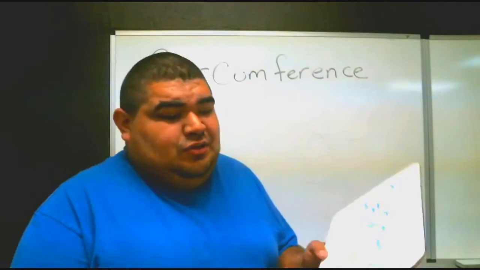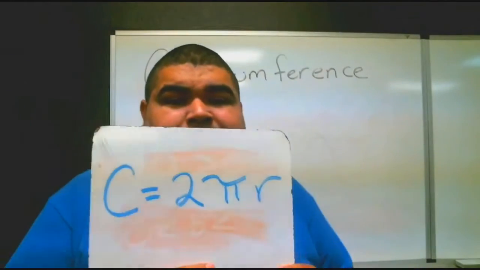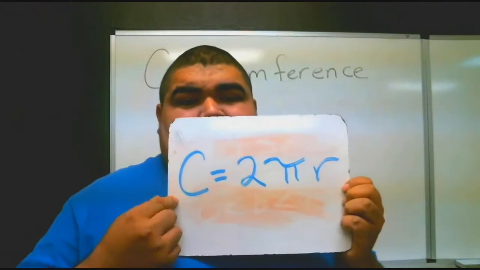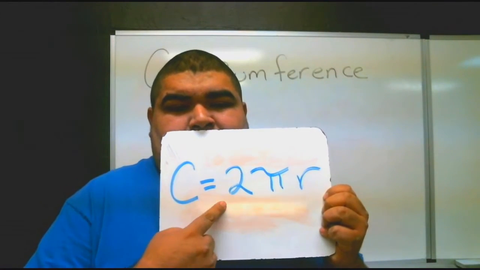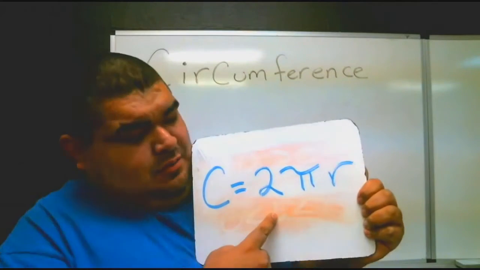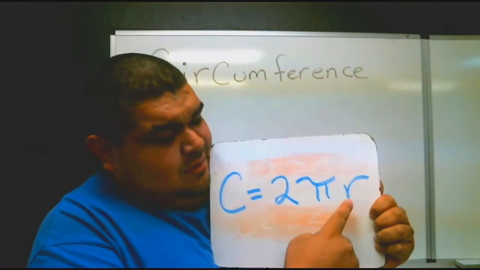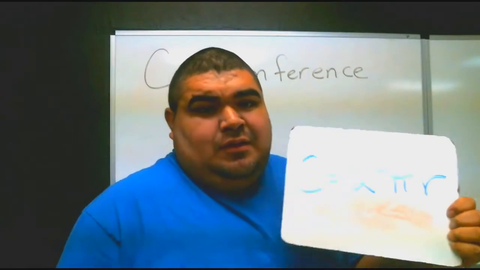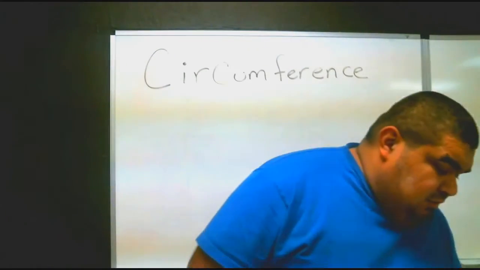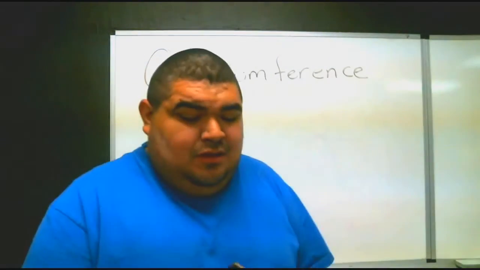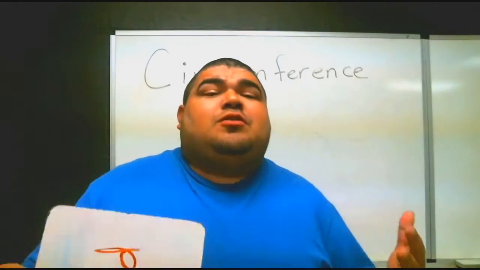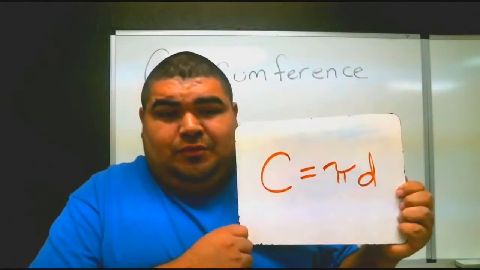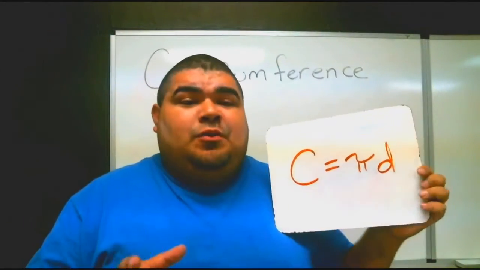The first equation is circumference equals 2 pi times radius, okay? 2 times pi times radius. The second equation we're going to use, because you can use either one, if this one's easier for you, that's fine, you can use either one.